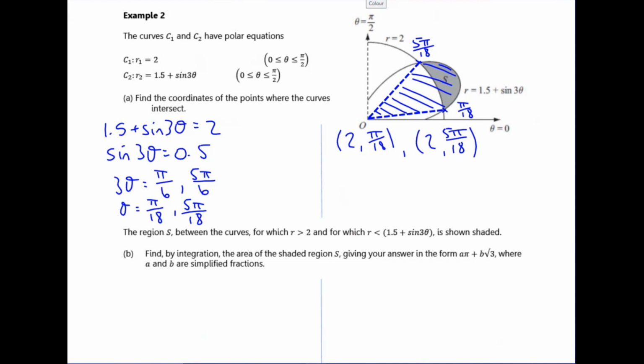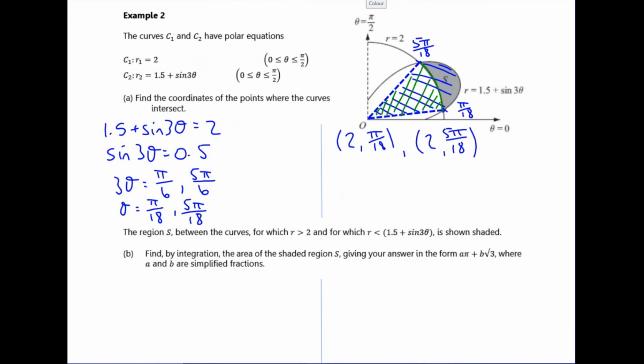For R equals 2, if I integrate between pi over 18 and minus pi over 18, as I'm going around here, I will be working out this area in green. So this time I am going to use the same limits, and I'm just going to take them away from each other.